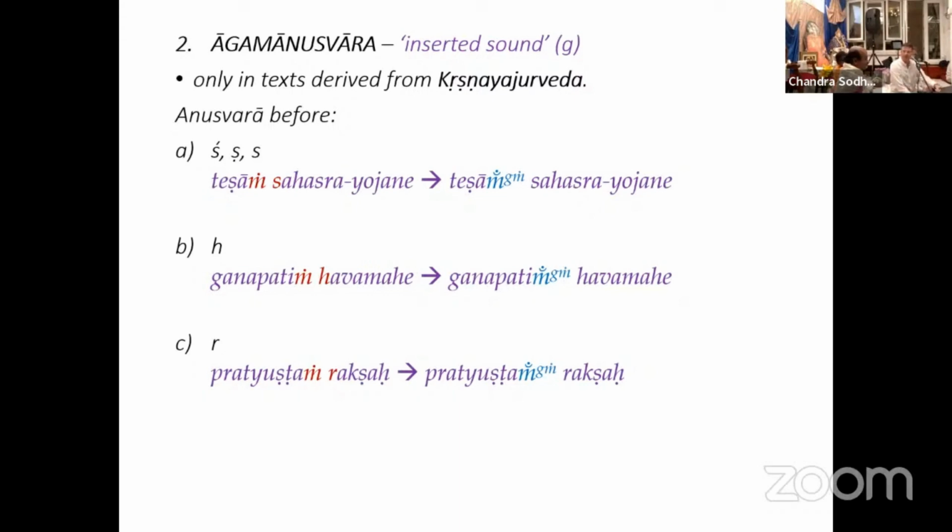You see? Teshagam, because we have anusvara before s. Anusvara before h: Ganapatim havamahe, Ganapati gum havamahe in the Ganapati prarthana, right? And the last example, pratyushtam rakshaka, pratyushtagum rakshaka. So before sh, s, h, and r, this is the inserted sound g.